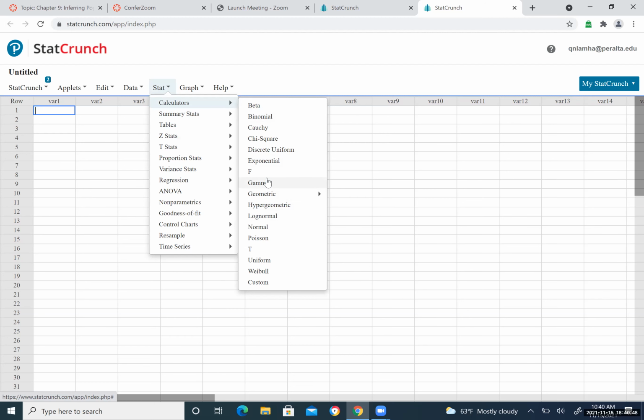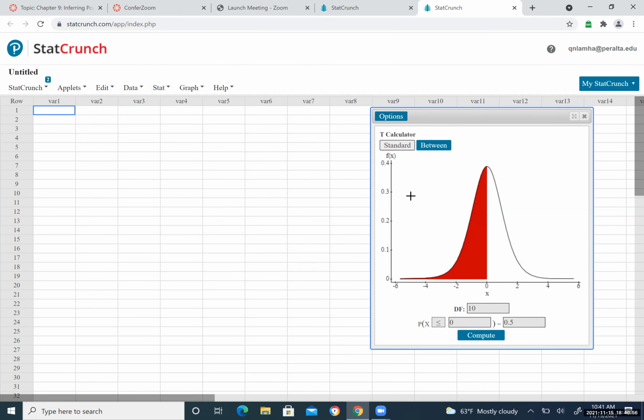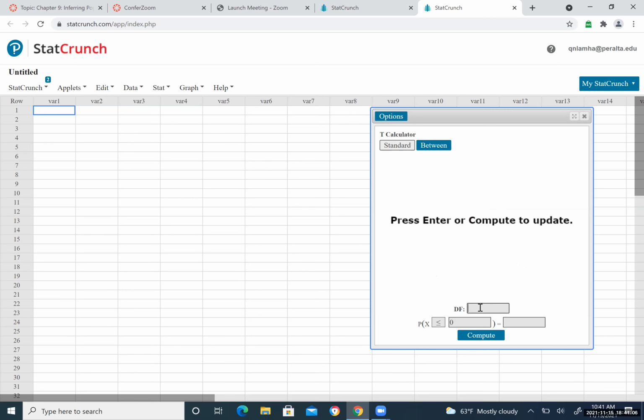Let me try this. In the T calculator, you click standard. Degrees of freedom: we got 35 minus 1 is 34.